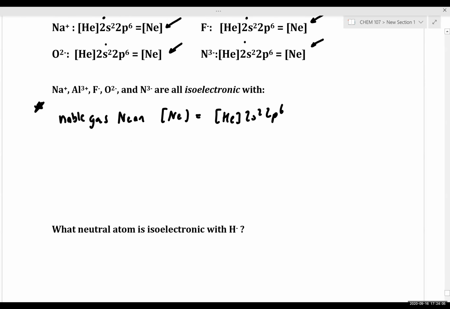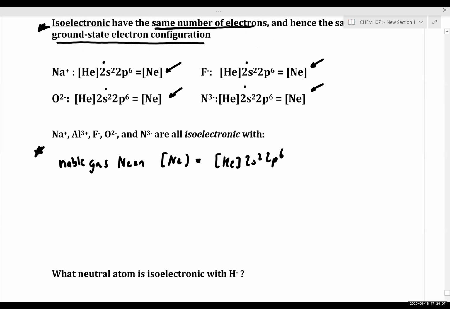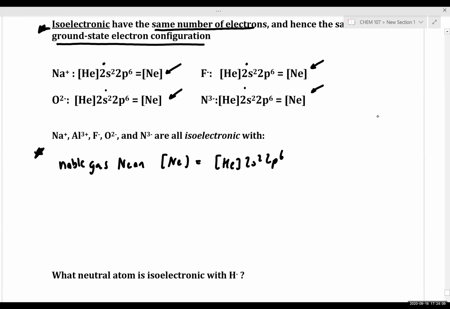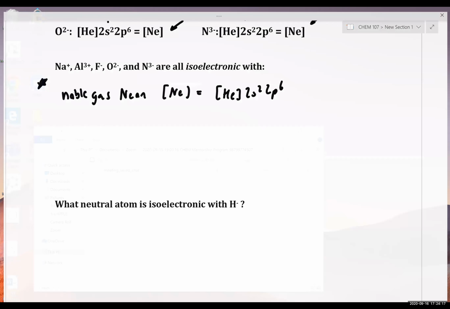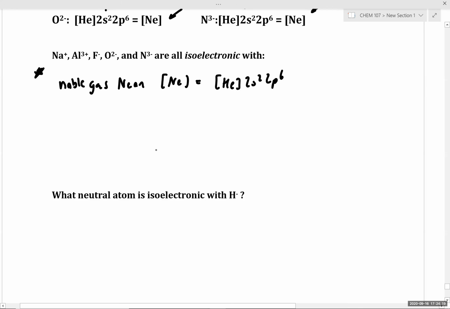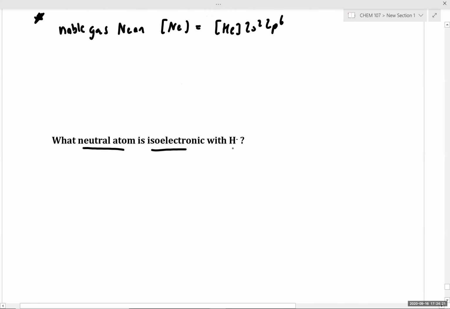So just to make sure we're all on the same page, I'd like you to tell me what neutral atom is isoelectronic with H minus. So let's take a moment. I'd like you to figure out the number of electrons that H minus has, and I'd like you to tell me what neutral atom has the same number of electrons as H minus.